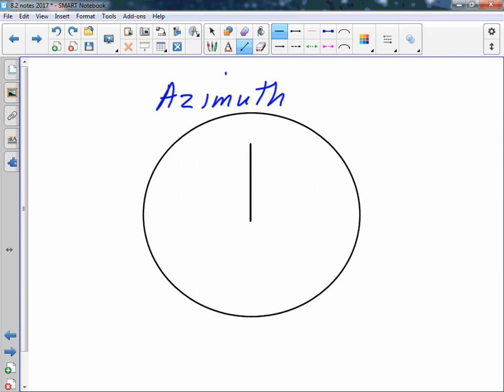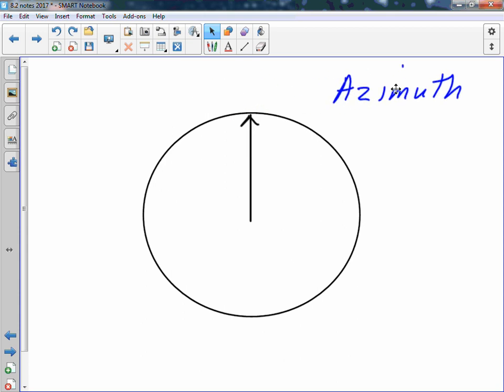This one goes north is 0 degrees. I guess let me move this over. North is 0 degrees, and everything is clockwise from north, such as this. An object out here.